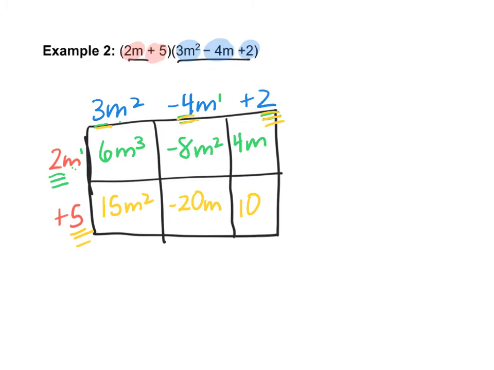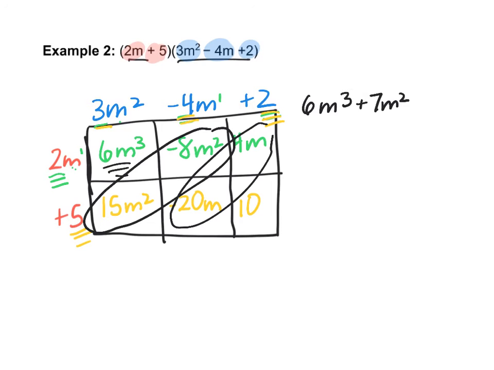Again, you can write it all out now if you want, or combine your like terms in one step. The first thing I notice is that I need to use 6m cubed, so I have 6m cubed. I have 15m squared minus 8m squared, so I'm going to do 15 minus 8, which would give me 7m squared.